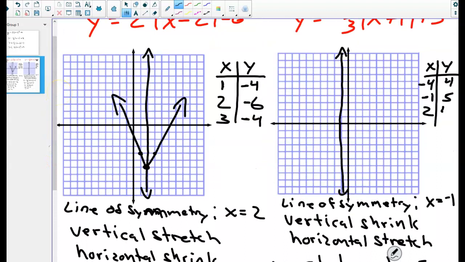So we put a 4 here and a 4 here. Alright? Negative 1, 5, there's my vertex. Negative 4, 4, 2, 4. And there's my V going out wide, but not down as quickly, representing the vertical shrink and the horizontal stretch.